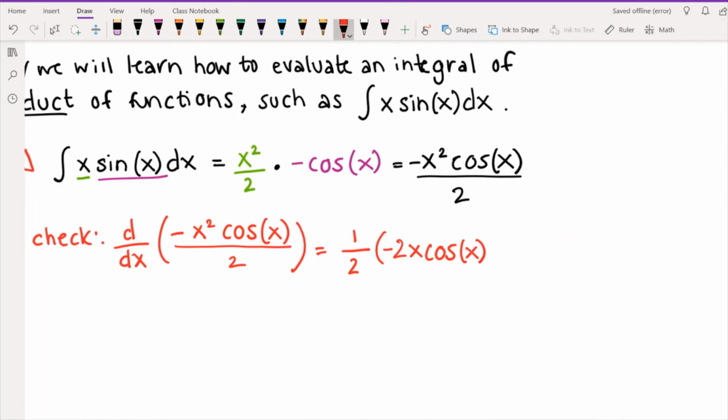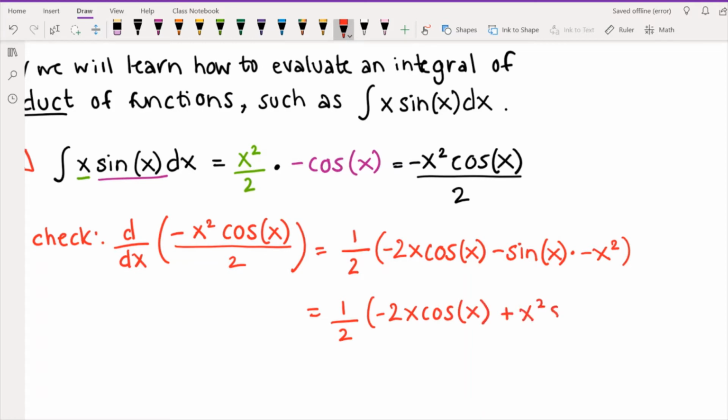And so that's going to end up being negative sine of x times, and then we leave the first function as it is, and that's negative x squared. And so altogether, this would be 1/2 times negative 2x cosine of x plus x squared times sine of x. And clearly that's not the same function as we started with, right?